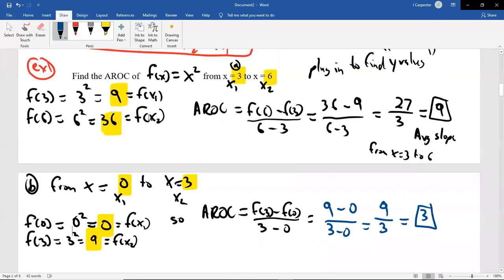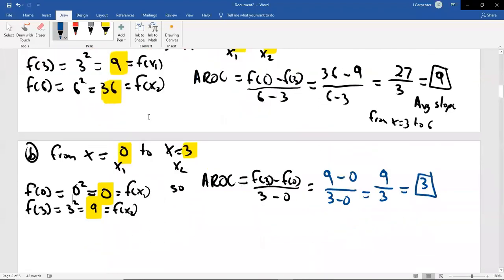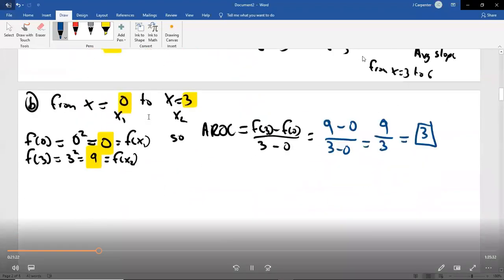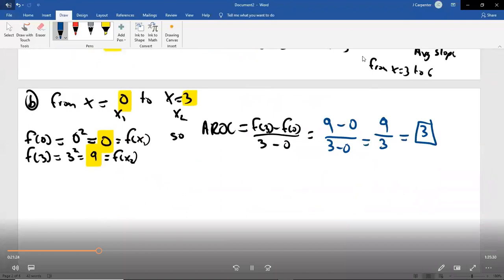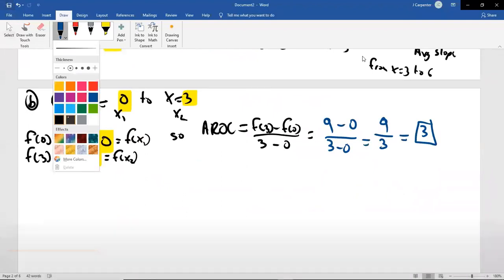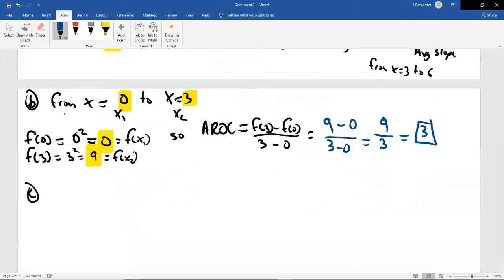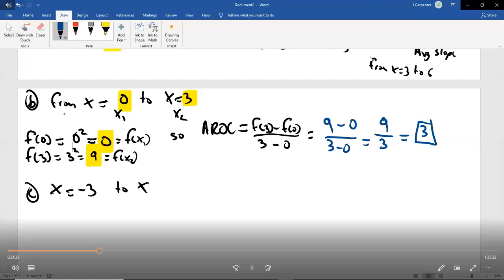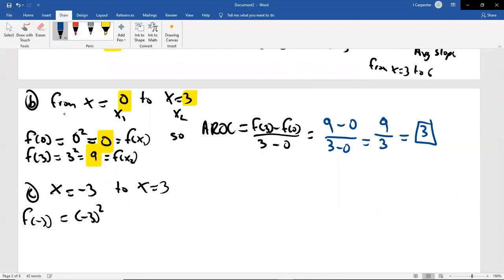Now, for fun, let's do one more, C. Maybe a little less work on C. But let's go from x equals -3 to x equals +3. So f of -3 is -3 in parentheses squared, which is +9, not -9. F of +3 we already know is 3 squared, which is 9.